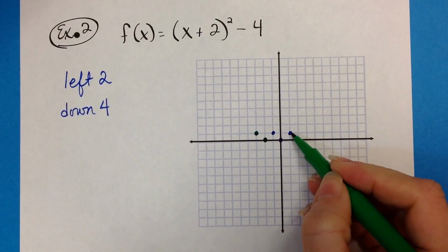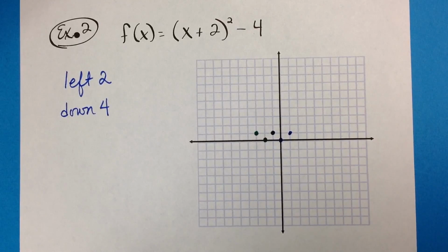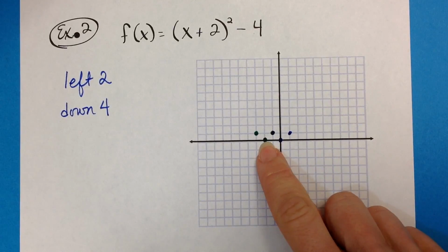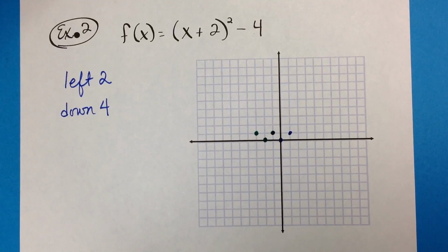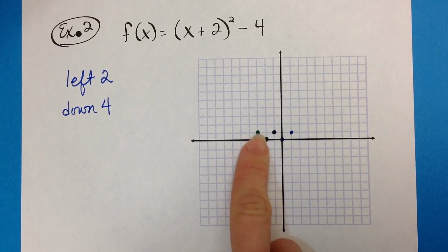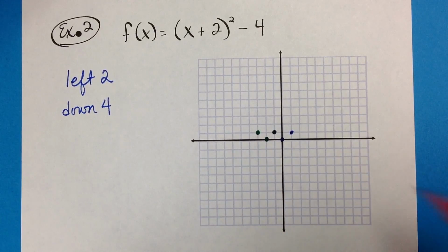Actually, what's going to happen is this point, when I shift it left, is going to end up on top of that one. So this point shifts to the left, this one shifted here, this one shifts on top of that one. Alright, so now I need to take these 3 points and move each one of them down 4.